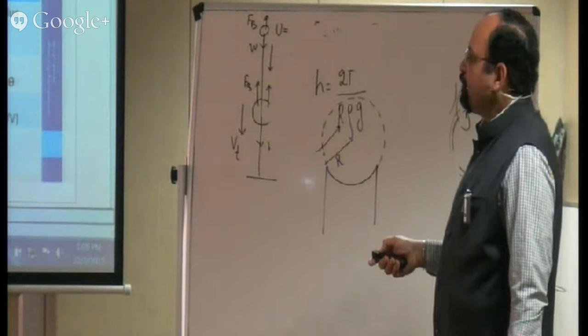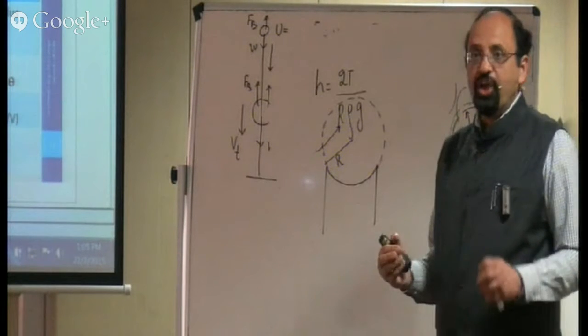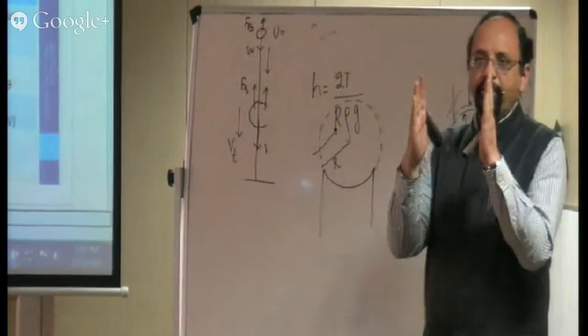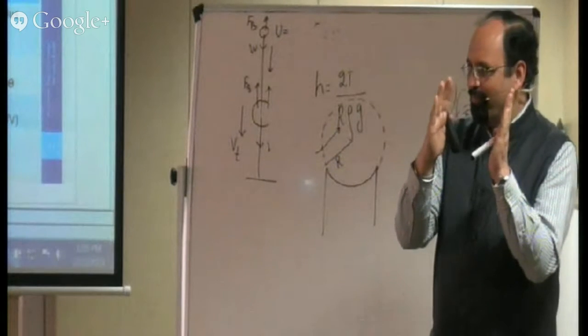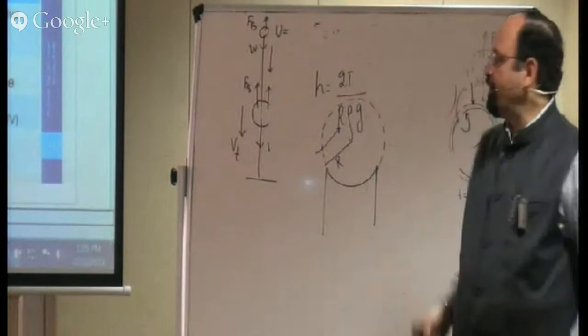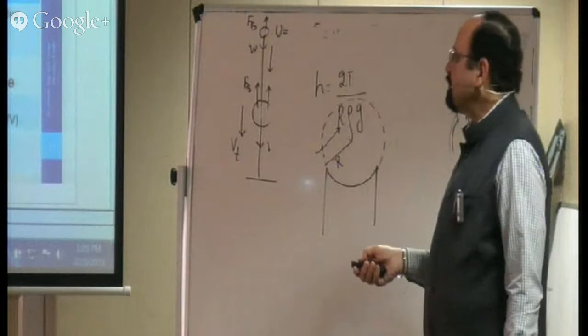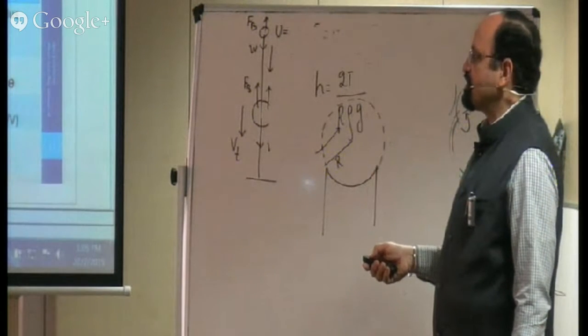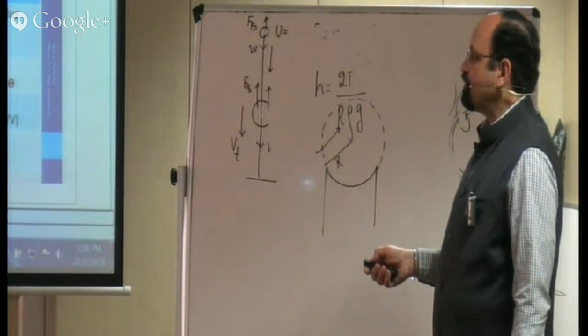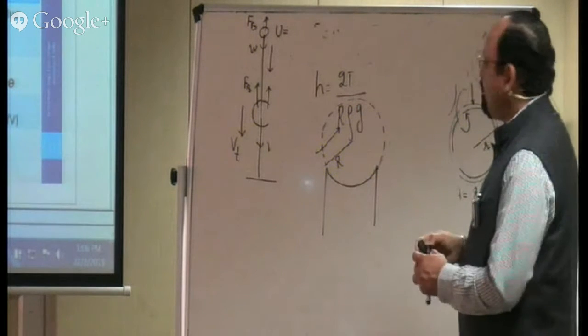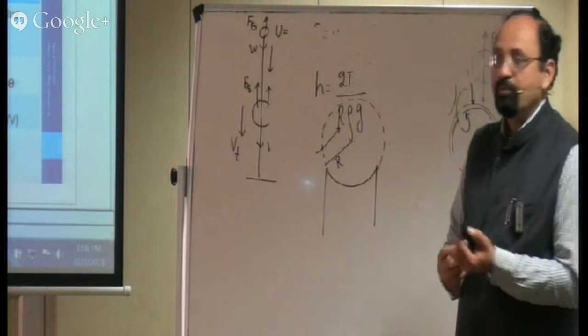If I do not change the dimension, but I change the shape, say for example, if I have a cube and I try to shift the cube by putting a force on the top of it, then we call this stress the tangential stress. In this case, we have the force divided by the area. Here we must understand this is not the area of cross section.